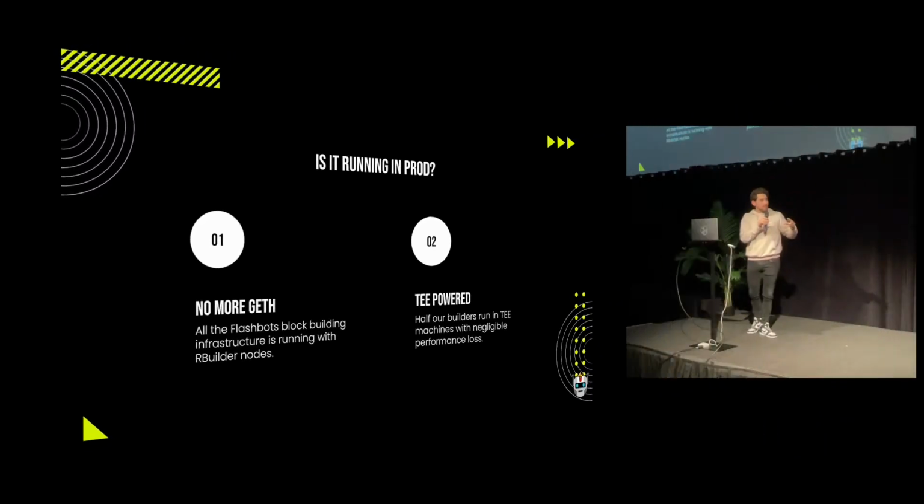TEE is a special type of hardware that is a security enclave where you can run your applications. So half of our builders, and by the end of the day we want all the builders, are running already in this TEE platform with negligible performance loss. We are talking about 5% to 10% loss in performance.